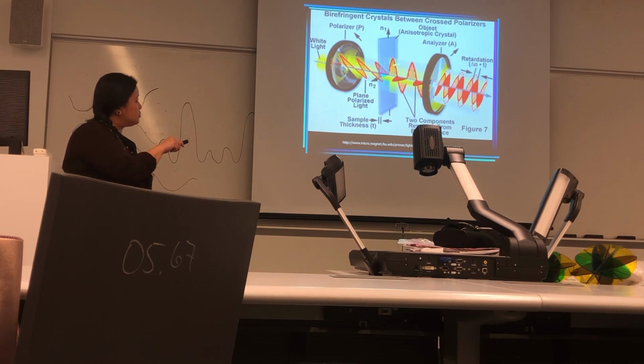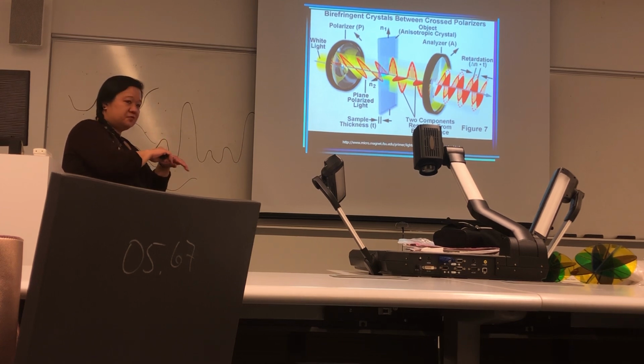But not only that, these two light rays, the striped one and the solid one, they're also experiencing different refractive indices, which means that one of them will be moving faster than the other, which means that by the time they go through the analyzer, they will be out of phase.